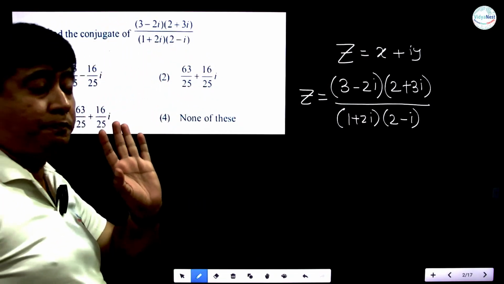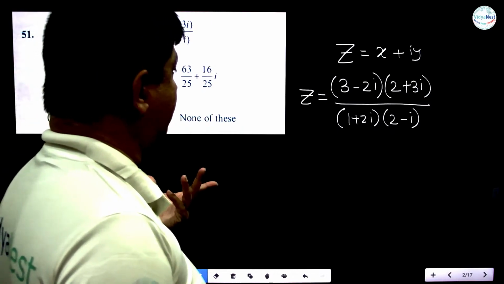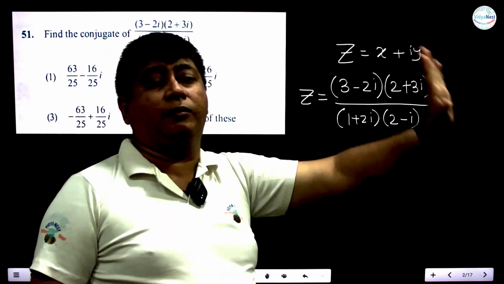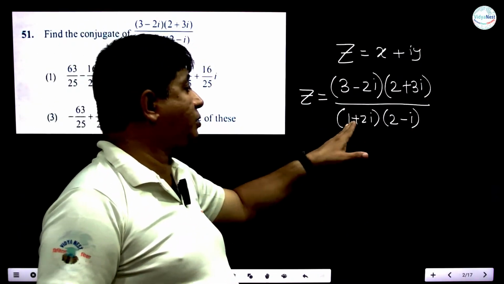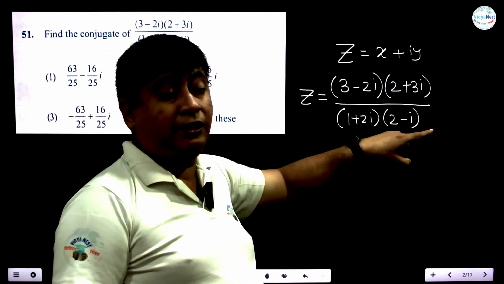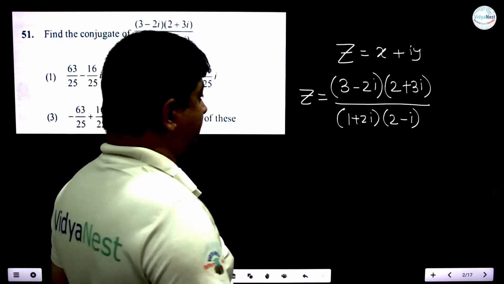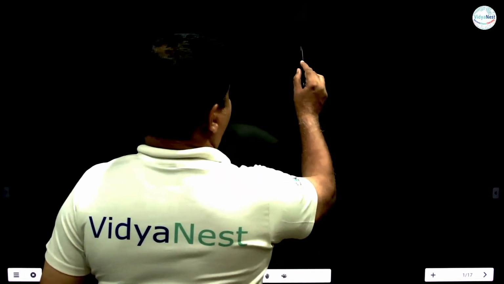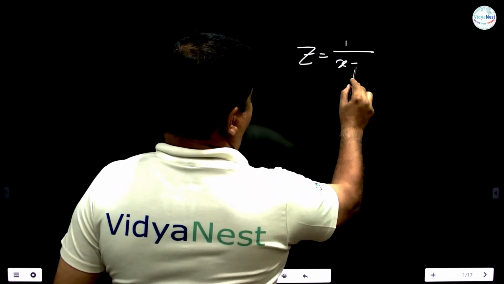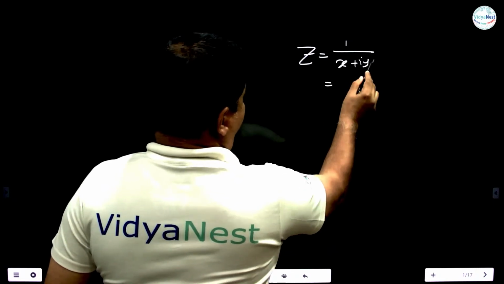The preliminary condition to be followed is what? We have to remove i from the denominator. How to remove i? You know that if there is a complex number like 1 by x plus iy, then how to remove this i?